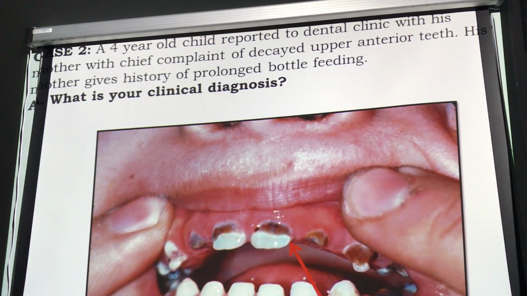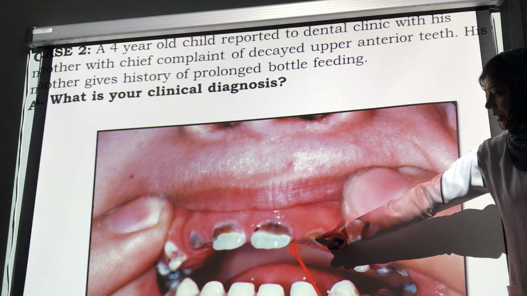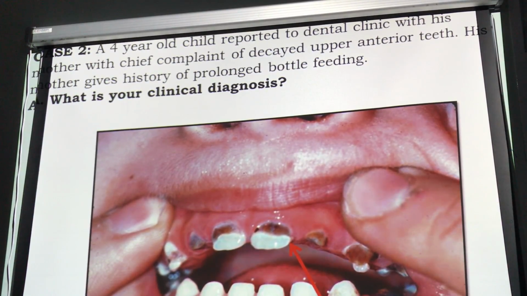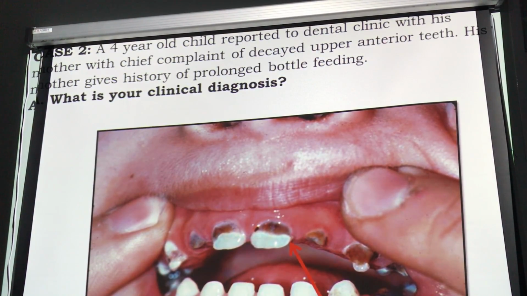And if this is a pulp exposure, then yes, pulpectomy. That means you will do RCT depending on the extent of the caries lesion, either only coronal pulp, that is pulpotomy, or complete coronal and radicular, that is pulpectomy, complete removal of the pulp.